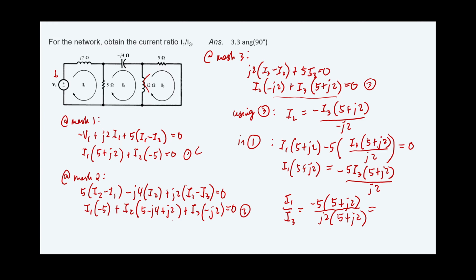Transpose becomes positive, and that should be positive. Oops, there's something wrong. Just a moment, I think we made some mistake. Negative J2, negative J2, negative 5.